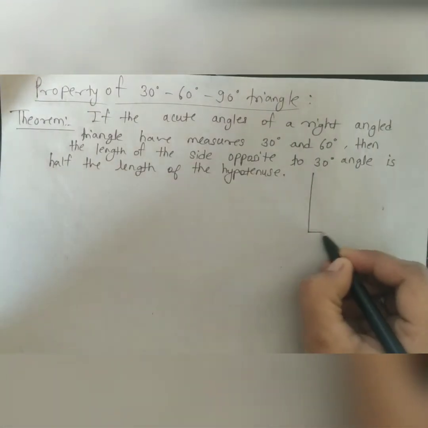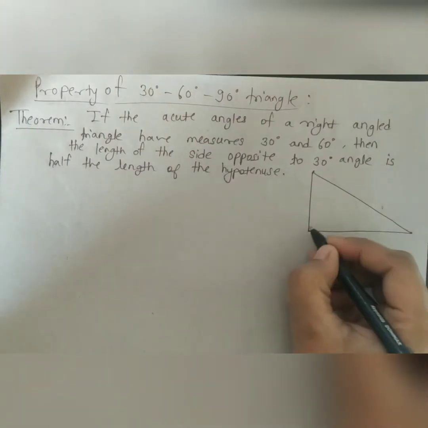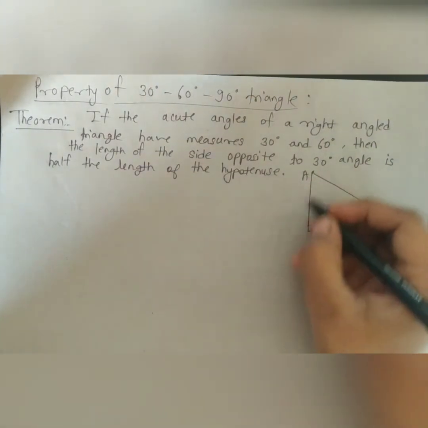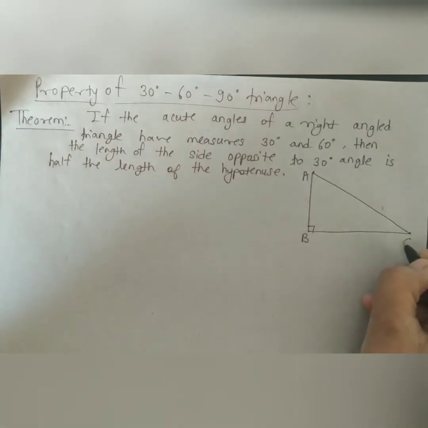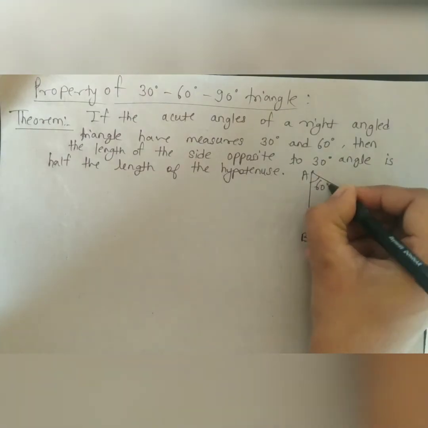This is our right angle triangle. This is 90 degrees. Suppose this is triangle ABC. The measurement of this angle is 30 degrees and the measurement of this angle is 60 degrees.